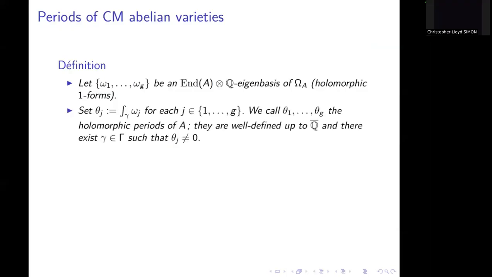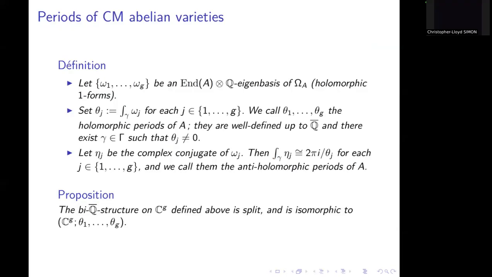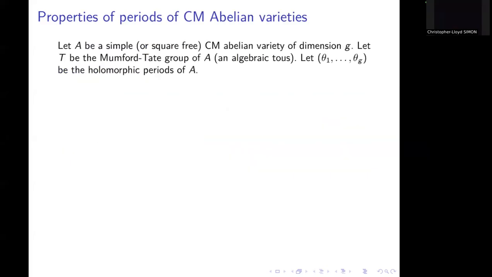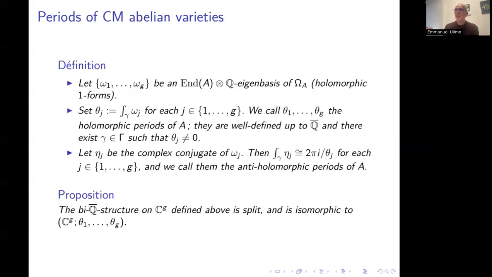Oh no, you were just saying that these were the periods for the two structures. Okay. Yeah. I've got a related question: if you look at the moduli space of abelian varieties, is it related to the two Q-bar structures you get on the fiber and on the projection? Okay, it will be part of the talk.